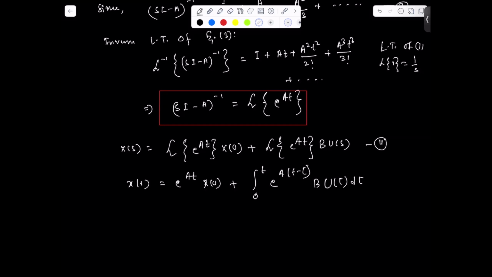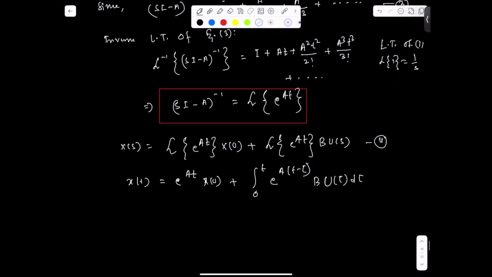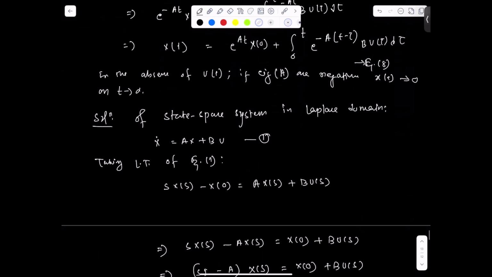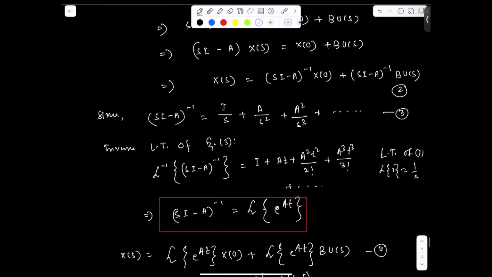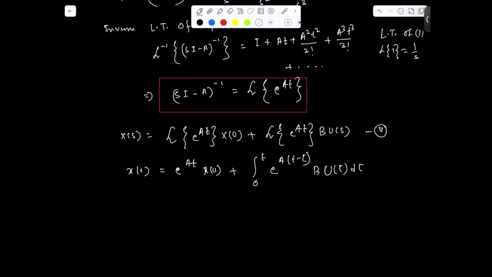If we apply the inverse Laplace transform, we can also find the same expression that we derived in the time domain analysis. So this is a very, very important term. The main result of this lecture is how we can find the state transition matrix, which can help us derive the solution of the system from any initial state to any final state.